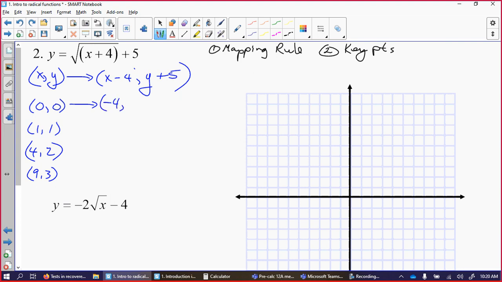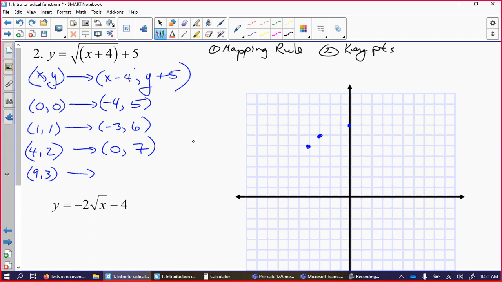Y plus 5 is 5. 1, 2, 3, 4. 1 minus 4 is negative 3. 1 plus 5 is 6. 4 minus 4, hey, that's 0. And 2 plus 5 is 7.